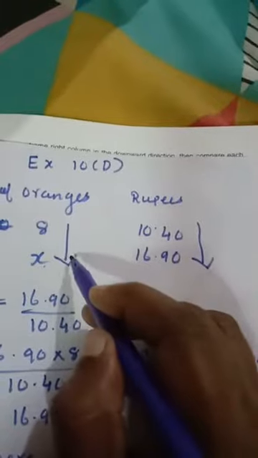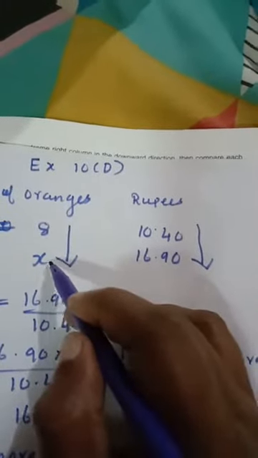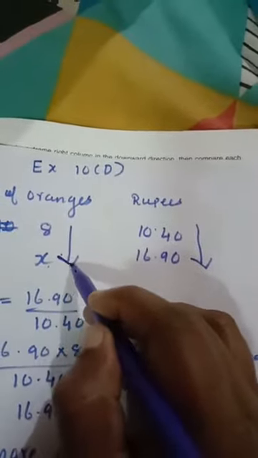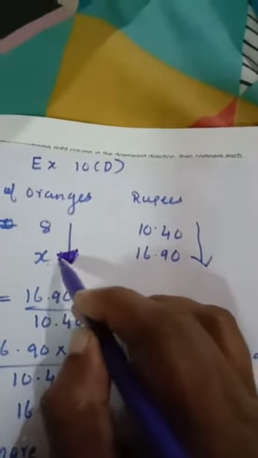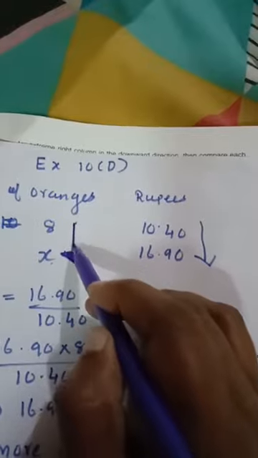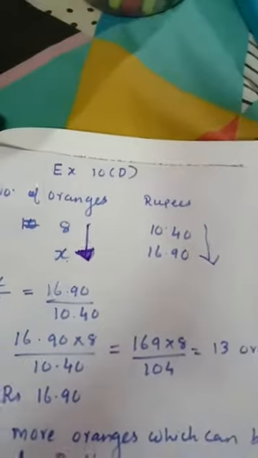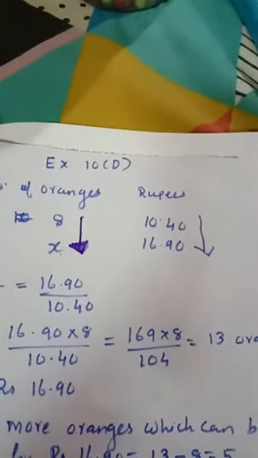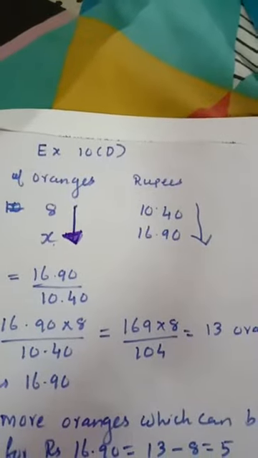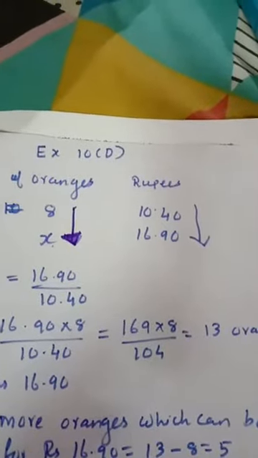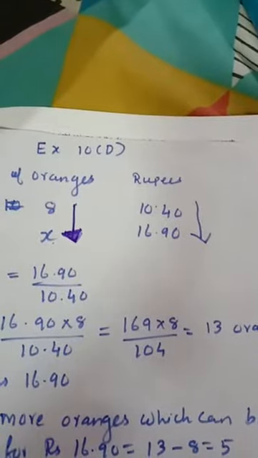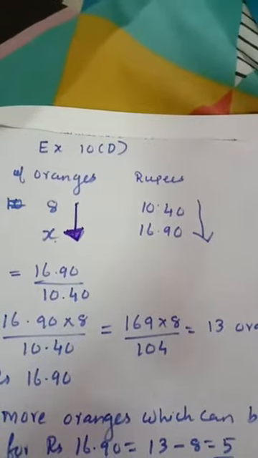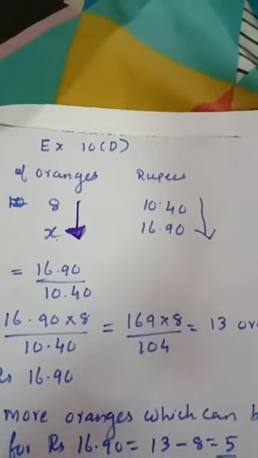Here we want to find x. X is below this table, so that portion you can put the arrow. Arrow downward because x is here, down. If the variables are in direct variation, you can put a downward arrow.